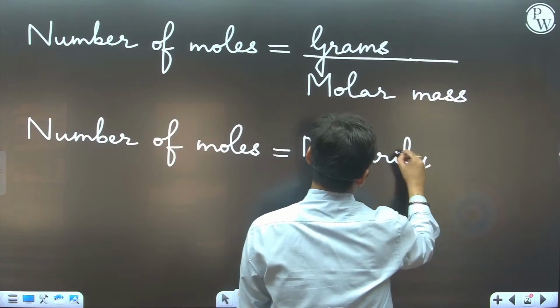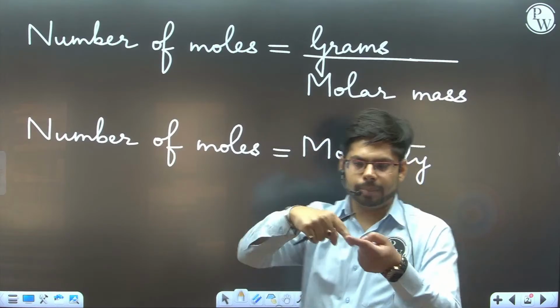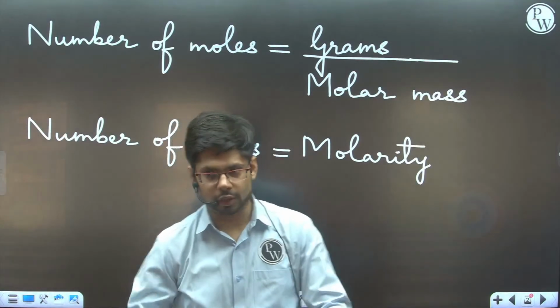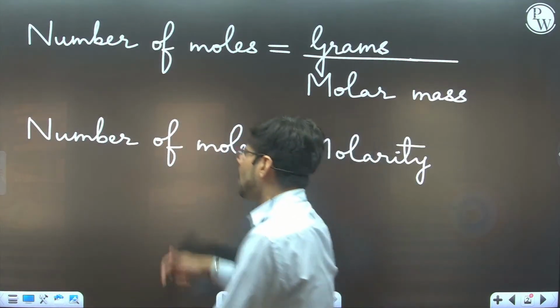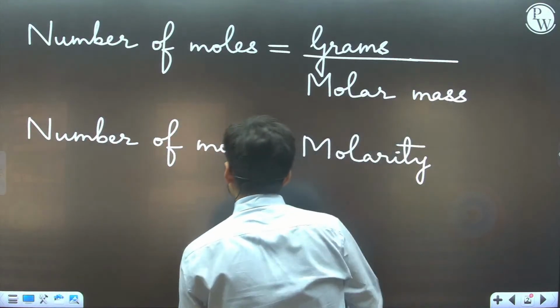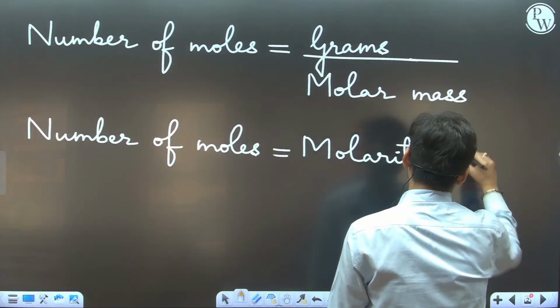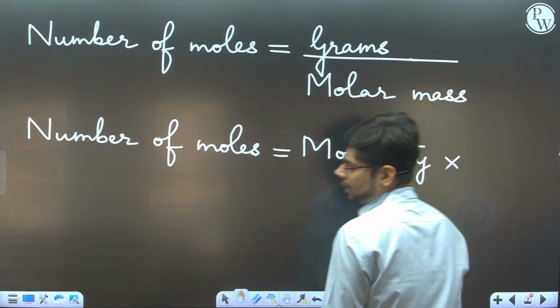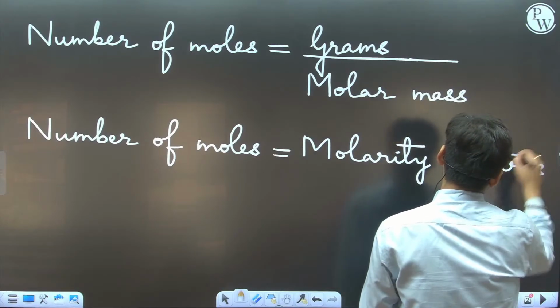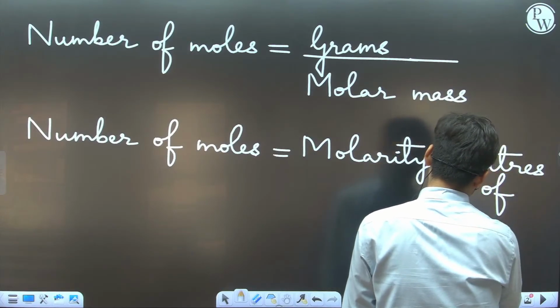You are used to seeing the formula in this manner. Molarity is equal to number of moles of solute upon liters of solution. So I'm writing it in a little different way because I want number of moles to appear on the left hand side. Number of moles is equal to molarity multiplied by the volume of the solution in liters. So again you have to take care of the units. Liters of solution.